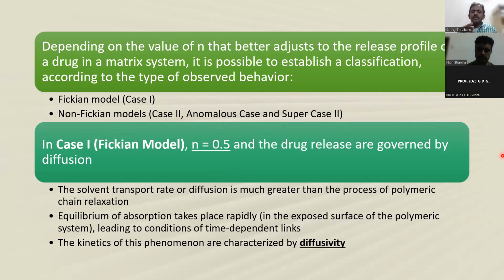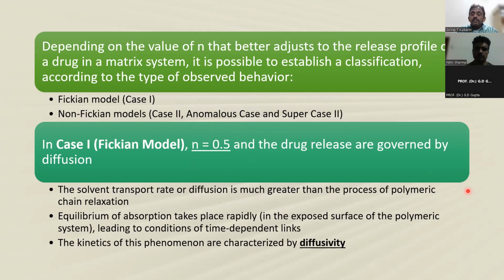What are these? In 2 minutes, I will explain. In the Fickian model, case 1, the n value, the slope value, is exactly equal to 0.5, and in this case drug release is governed by diffusion. So if the n value of Korsmeyer-Peppas is 0.5, it means those readings directly fit into Higuchi's equation. You will get a straight line.